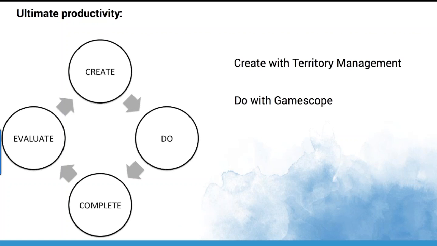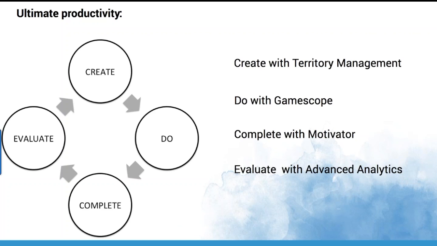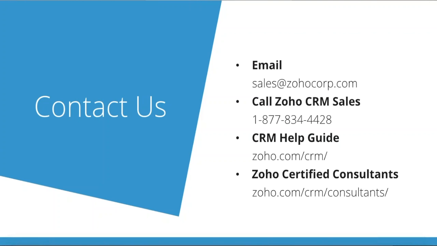GameScope encourages your team to do more. Motivator ensures work is completed. Advanced analytics evaluates how all these activities have worked out and lets you know what to change. What's the use of measuring something if you can't apply those learnings to make things better? Use these insights you've gained so far to realign your territories and targets, and the circle continues.